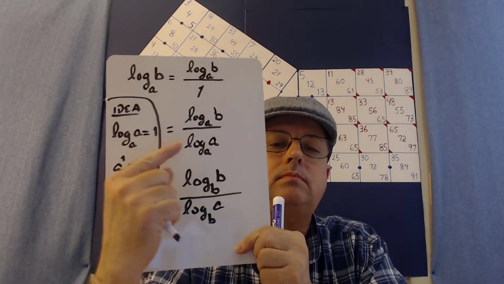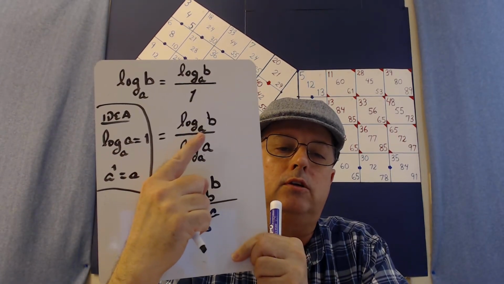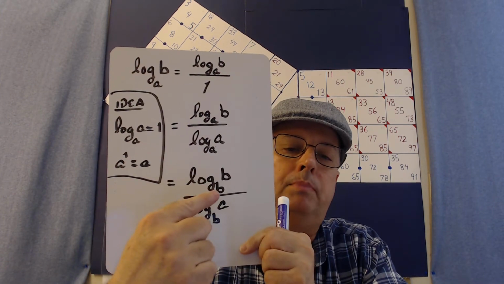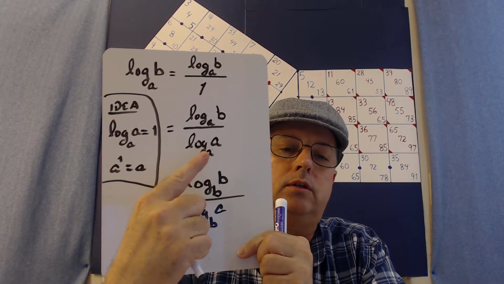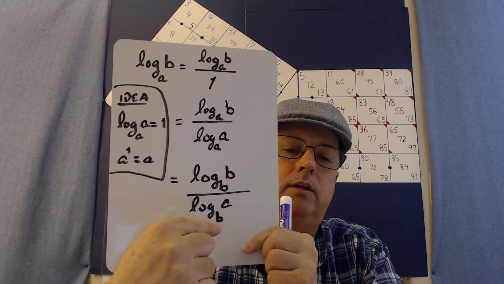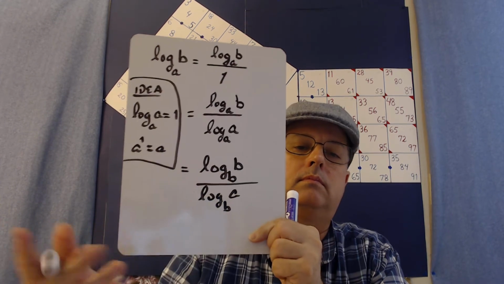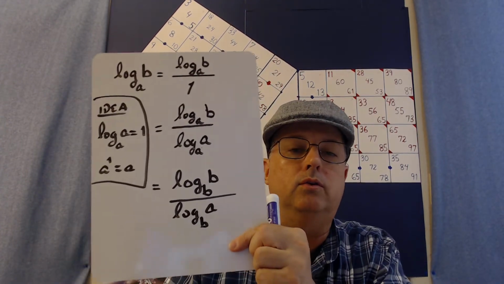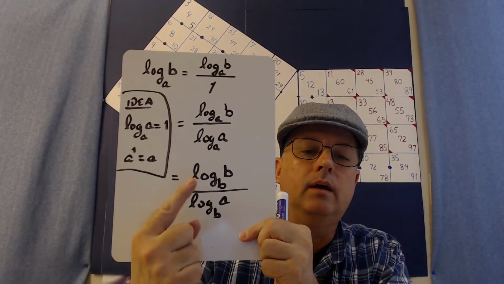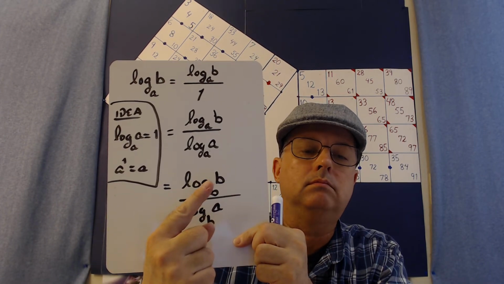Okay, so I can change this from base a to base b as long as I change this from base a to base b. Okay, and so now log base b of b is 1.